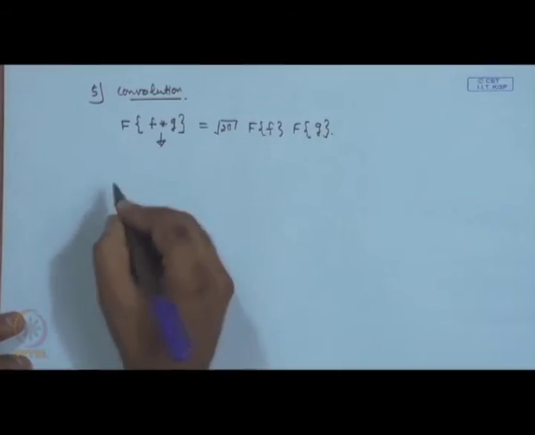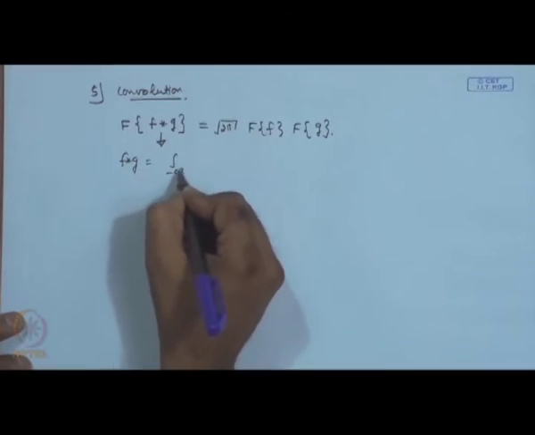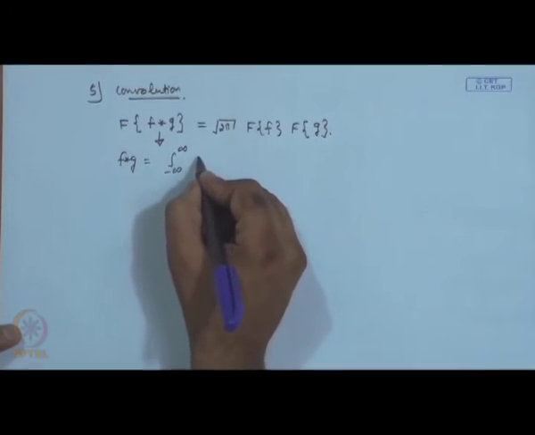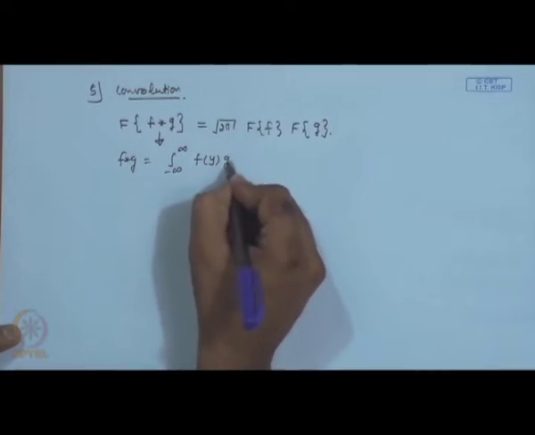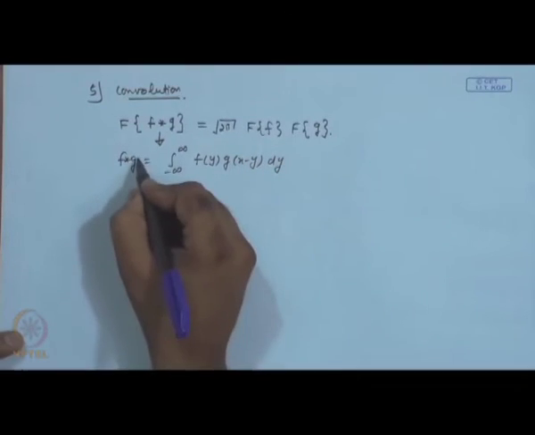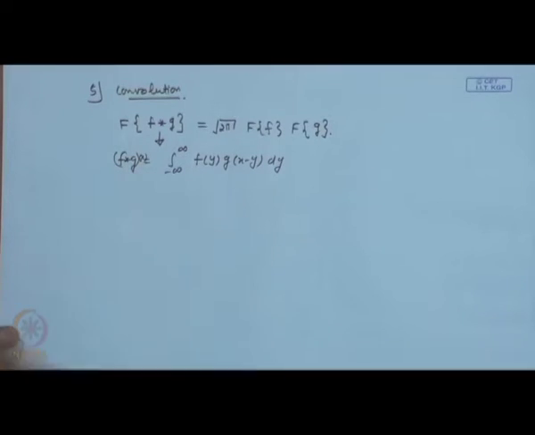Here the convolution is defined as (f star g)(x) equals the integral from minus infinity to plus infinity, which is the range we are working in, of f(y) g(x minus y) dy. This is the convolution f star g(x).